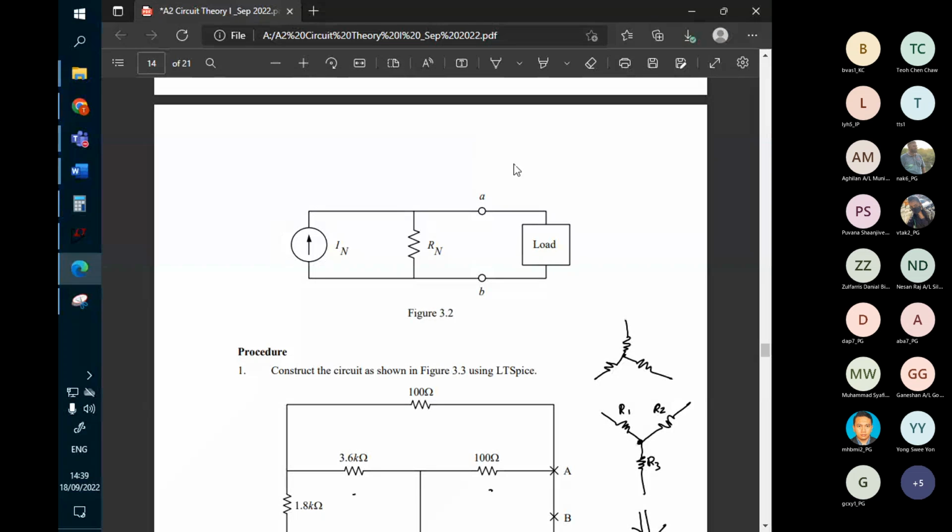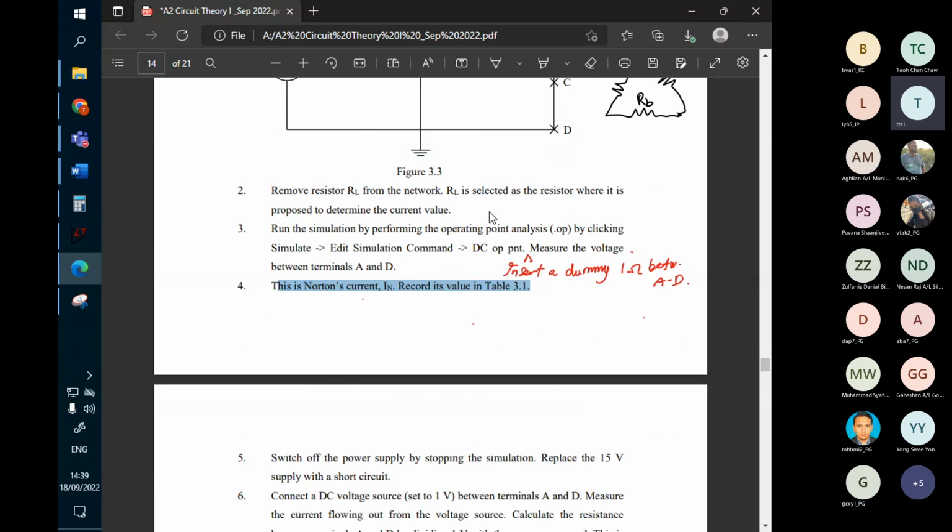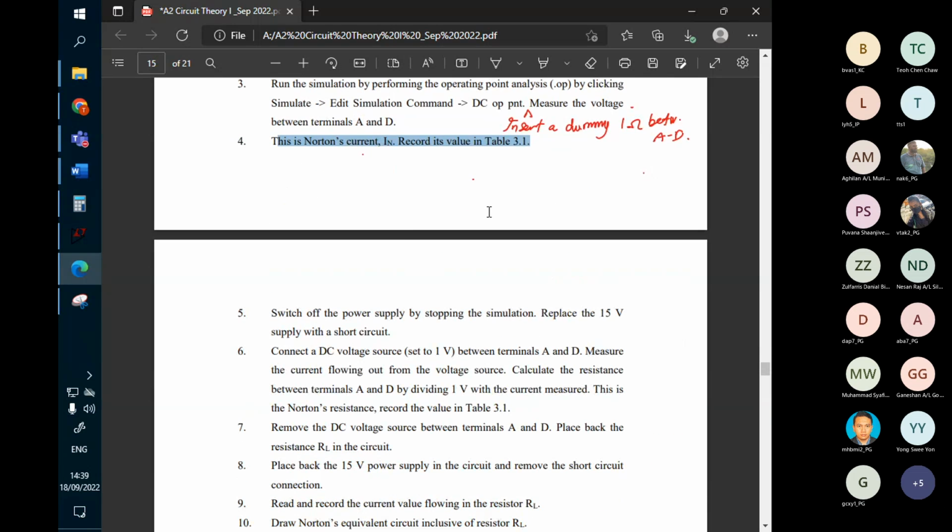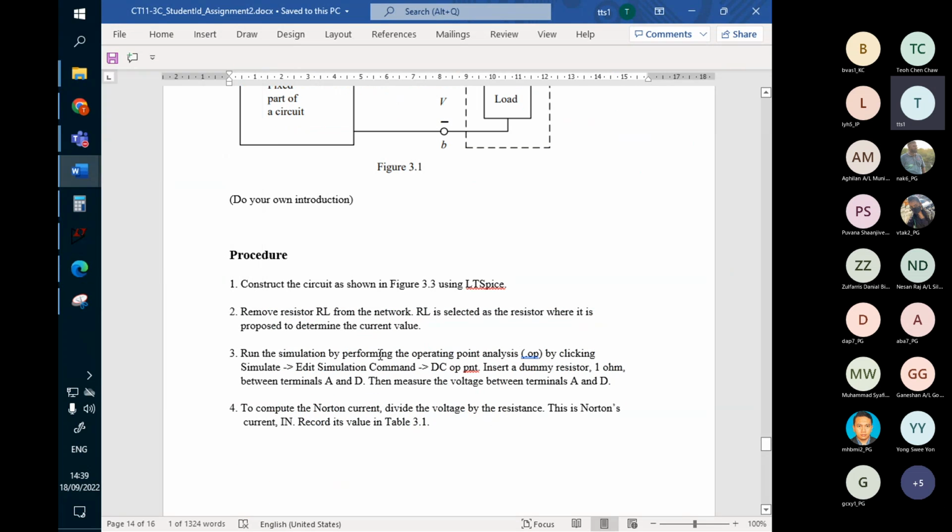Okay. Now let's proceed to step number 5. Okay, a bit confusing here. So we have up to step 10. Let's do it. Step number 5. Let's copy first. Don't worry about the detail yet.